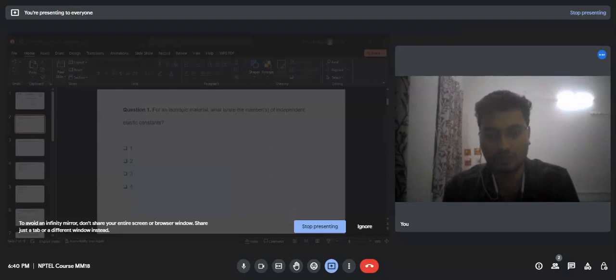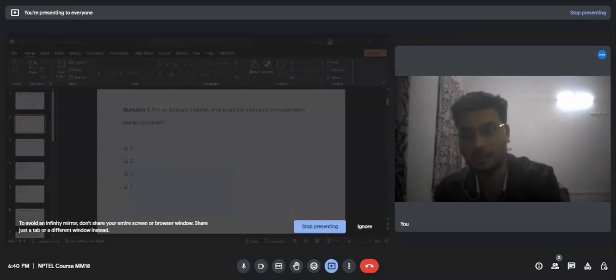So the elastic modulus differs with direction, but not in perpendicular directions. In perpendicular directions, the anisotropic material also has the same elastic modulus.